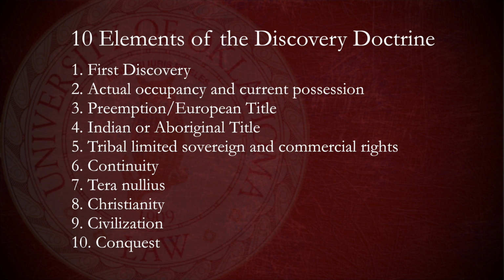And then, if none of that worked and you had indigenous people who refused to comply with the elements of discovery, there was conquest. And it could be military conquest, which gets back to the just war. But conquest also has a dual purpose. They also could do conquest legally without firing a shot. And that's what much of federal Indian law is about, because there really weren't very many Indian conflicts.